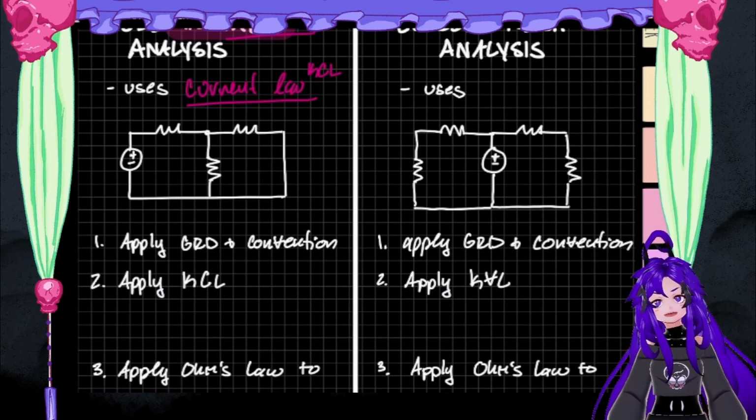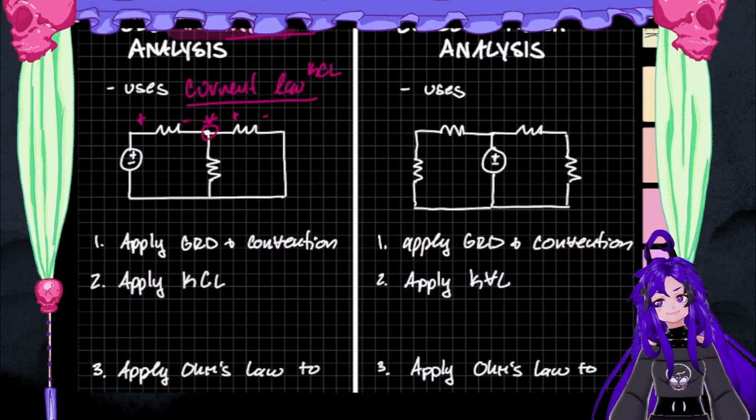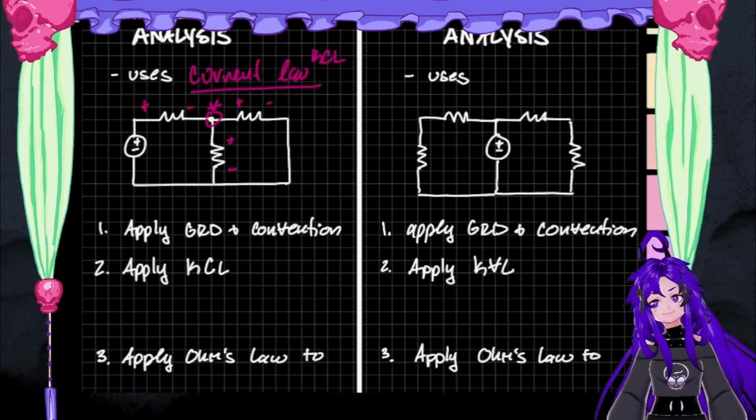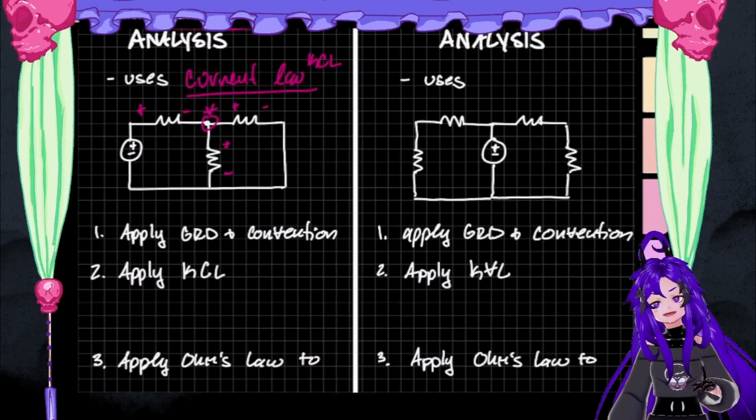We know that at this node there's a voltage, some V, and there are plus and minus signs across the devices. So we basically start by applying ground, which I forgot to do.